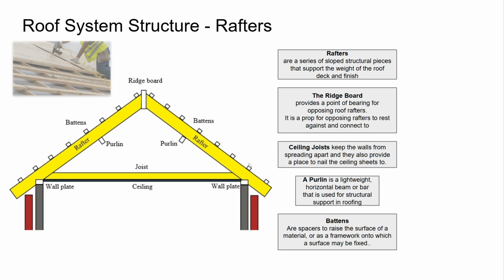So something has to keep it from going outwards. The joist does that. You nail the rafter to the joist so it can't slide outwards. There are brackets that go from the wall plate to the rafter to keep it from sliding outward. And the joist also helps the walls from going outward.